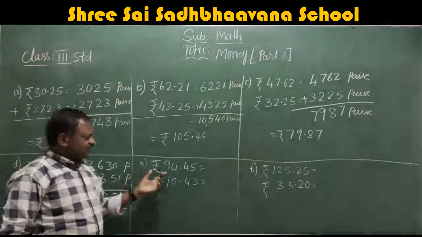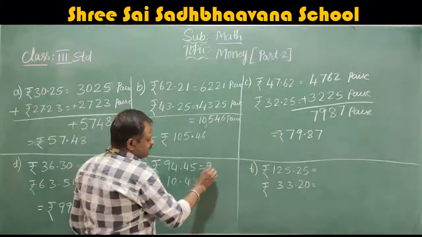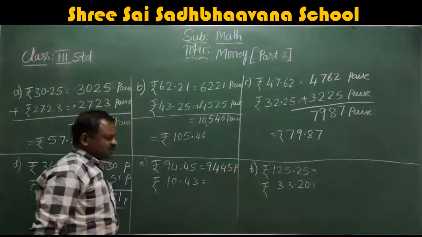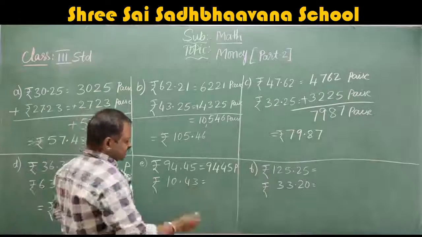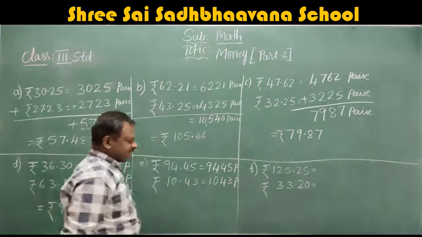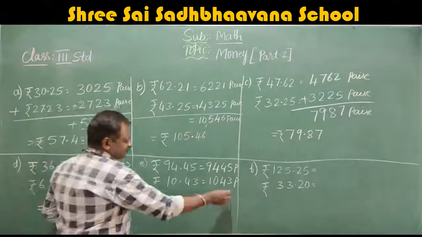Come to here, rupees 94.45. This can be written as 9445 paise. Rupees 10.43 can be written as 1043 paise.